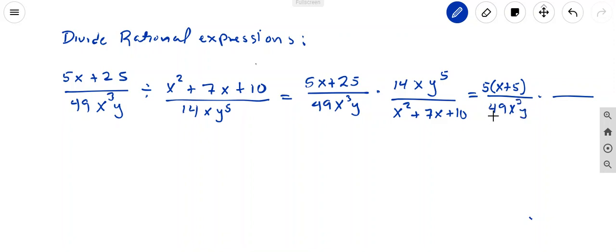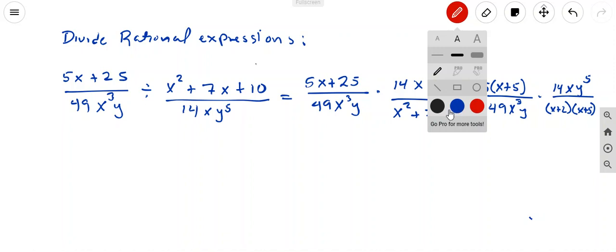The expression 14xy to the fifth is another monomial, so it's going to stay like that. And x squared plus 7x plus 10 is a trinomial, so I'm looking for the factors of 10 that add to 7, and those factors are 2 and 5. So it's x plus 2, x plus 5, because 2 times 5 is 10, and 2 plus 5 is 7.